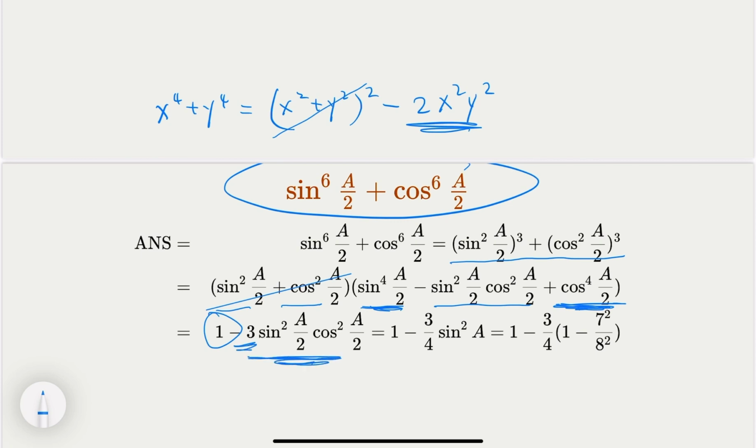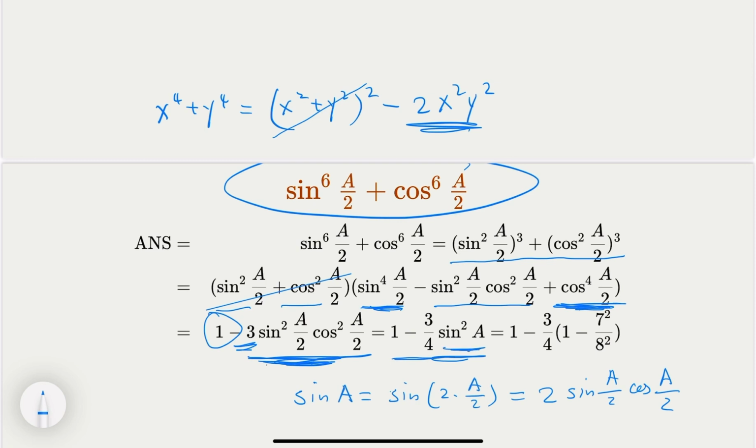And this, again, you're going to use the fact that sine A equals sine of twice half of A, which equals 2 sine half of A cosine half of A. So here we plug in, this becomes sine squared A. Use this fact.